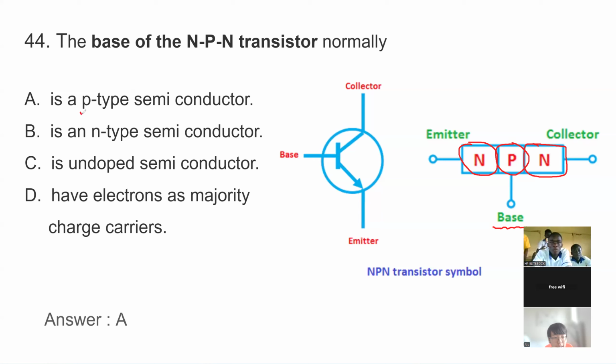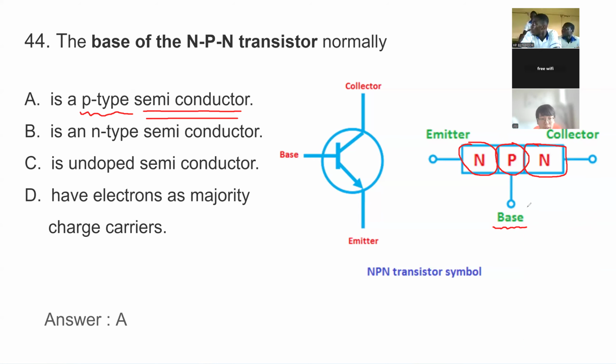It's P, so it's a P-type semiconductor. You can always think of the base as being whatever semiconductor is in the middle. If it was P, N, P, then it would be an N-type. But since this is NPN, the base is P, so it is a P-type semiconductor.